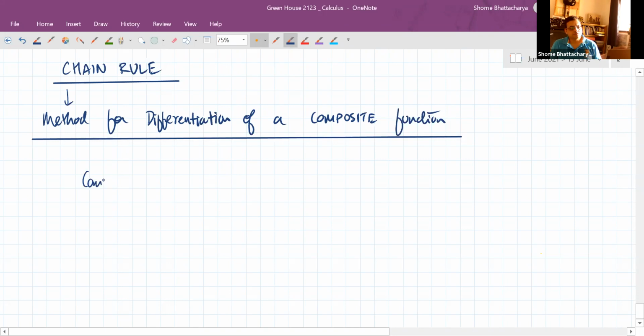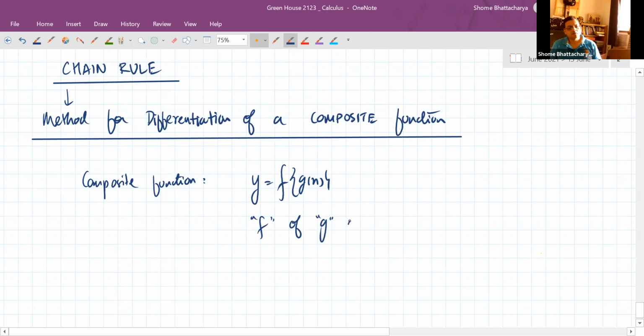So we can visualize or represent a composite function like this: it is one function operated on another function. So it is literally f of g of x, where this is also a function, and this is also a function. So it is a function of a function.